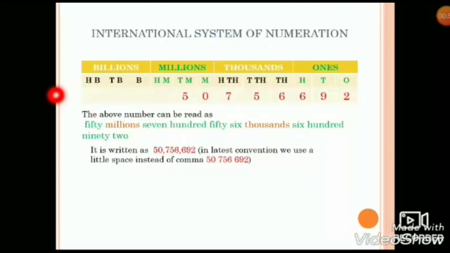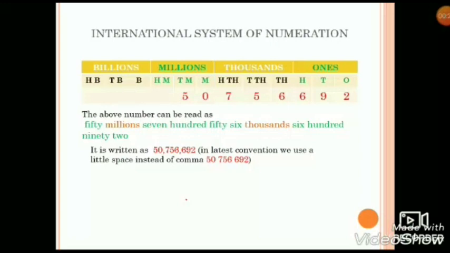Now in the international system of numeration, basically there are 4 periods. First one is the ones, second one is the thousands, third one is the millions, and fourth one is the billions. So the biggest one is the billion and the smallest one is the ones. Each of these periods is divided into 3 sub-periods: ones, tens and hundreds, and the sub-periods within the periods are all the same.